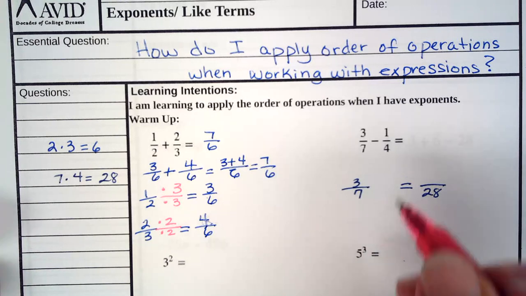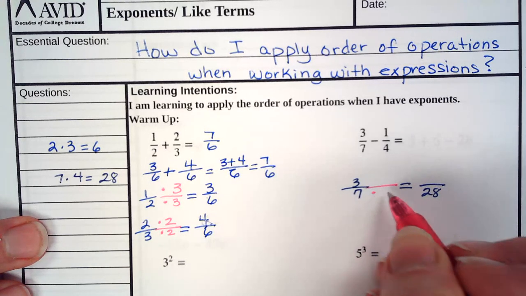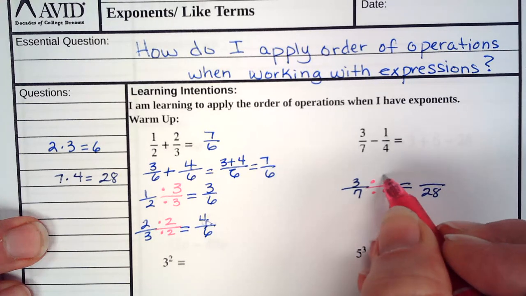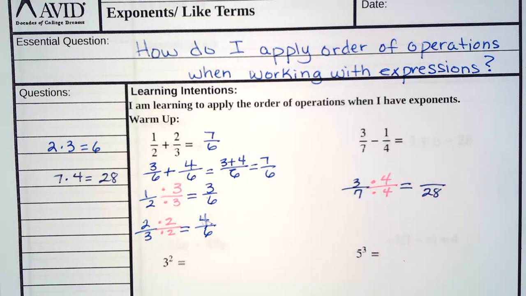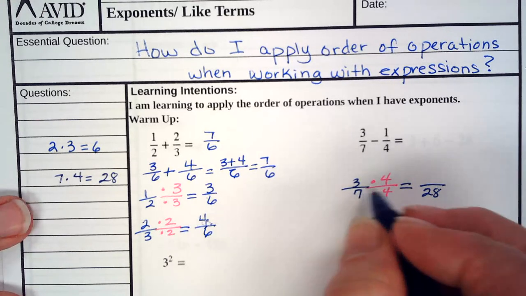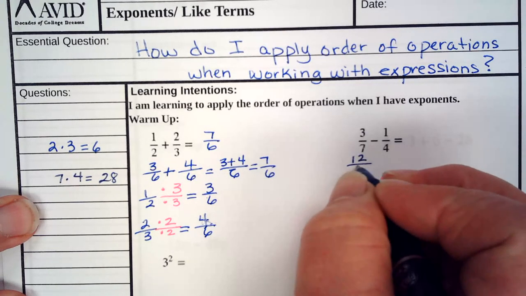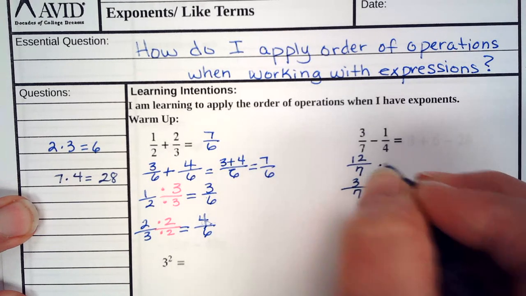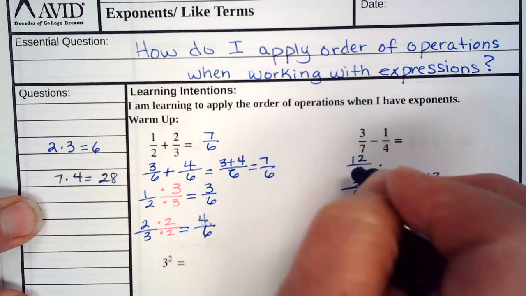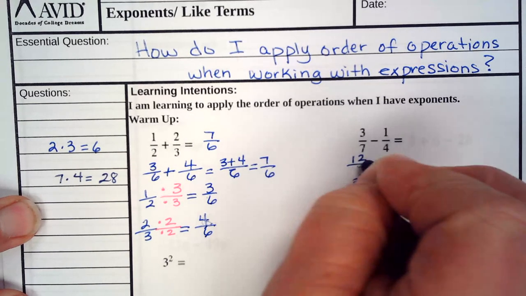What am I multiplying by? I'm multiplying by 4. 4 divided by 4 is 1. 3 times 4 is 12. Oh, 12 over 28. Oh my goodness, I got the bottom number wrong.